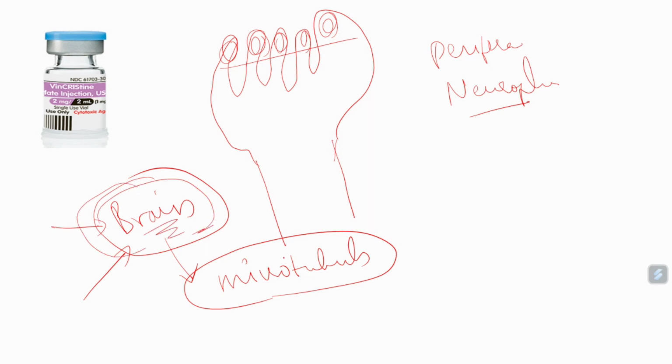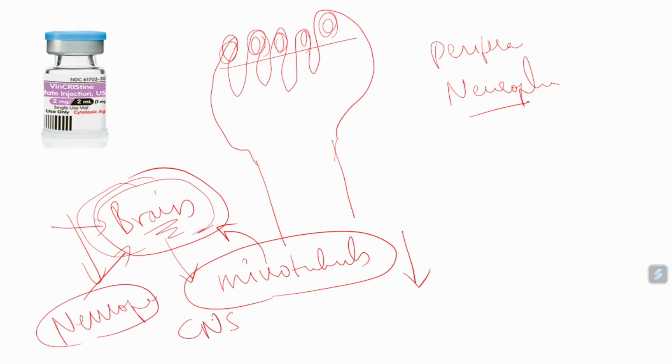What are vincristin and vinblastine doing? They are decreasing the formation of microtubules. When microtubule formation is decreased in the brain, it causes neuropathy or CNS related disorders and symptoms.